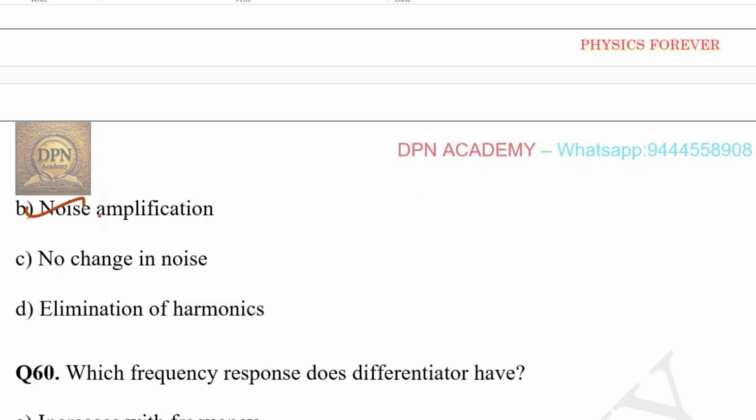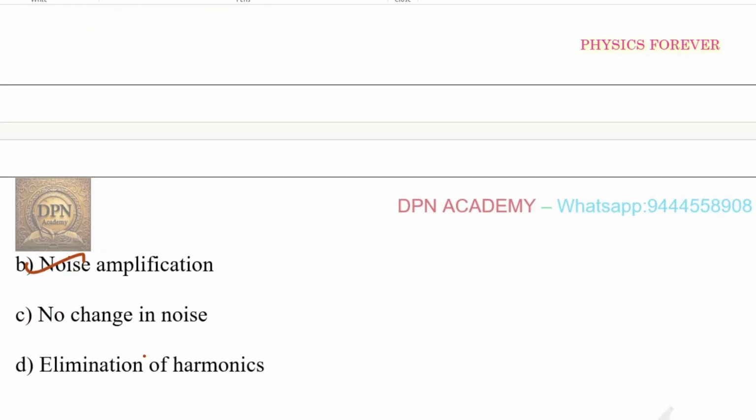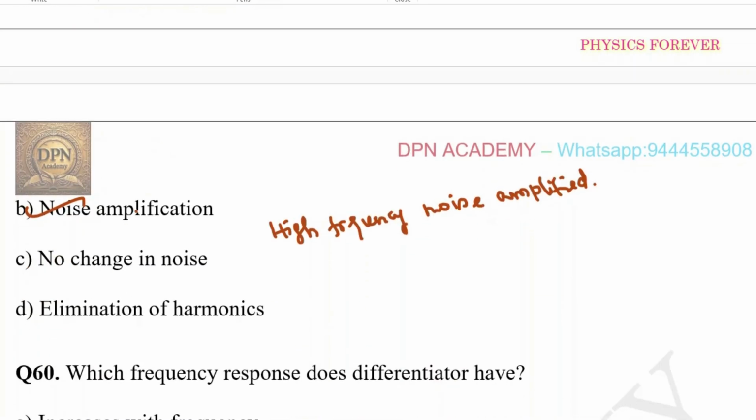You have to read the question one or two times. The differentiator causes noise amplification, and high frequency noise is amplified. That is option 59, and option B is correct.